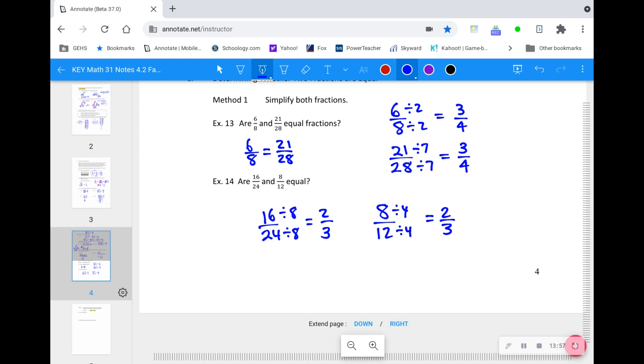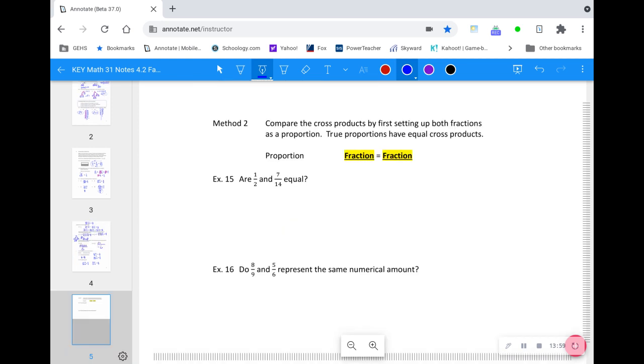Okay, there is another way to do that, and I'll show it to you. If you set it up as a proportion, and a proportion is a fancy name for two equal fractions. If you set it up 1 over 2 equal to 7/14, and if this is true, then they really are equal. Your cross products should be the same.